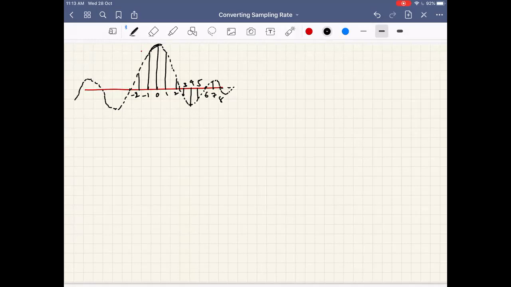Similarly on this side, minus 1, minus 2, minus 3, minus 4, minus 5, minus 6, minus 7, like this. And this is x of n. Assume that there is an underlying signal, x of t or xc of t, the continuous time signal.